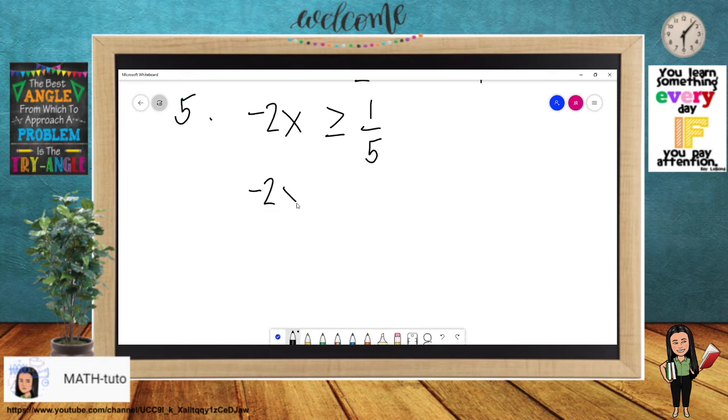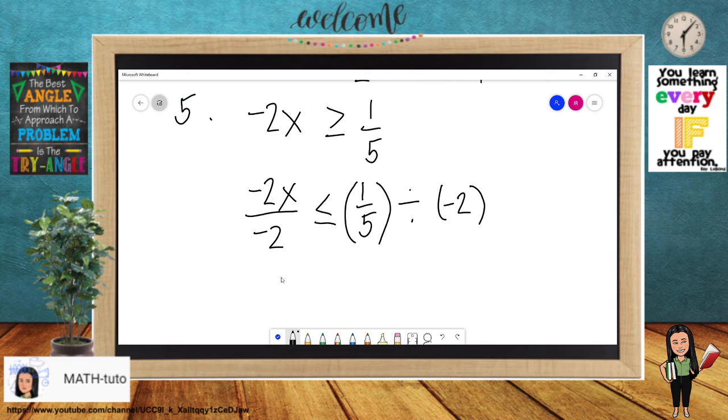So we have negative 2x, 1 over 5, and we divide both sides by negative 2. And the sense of inequality will now be less than or equal to because we divided by a negative number. So this side will become x less than or equal to.